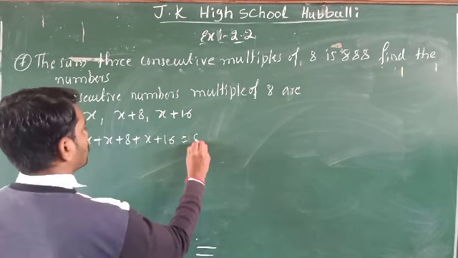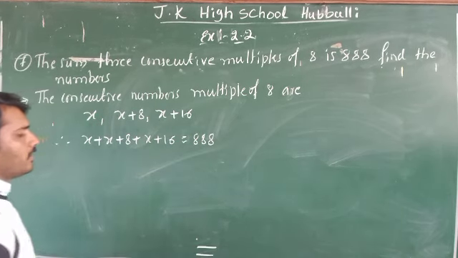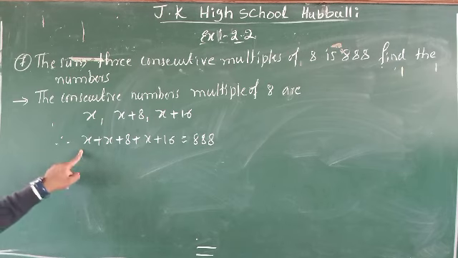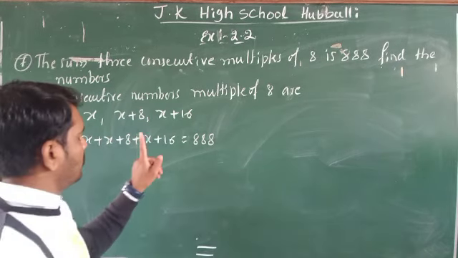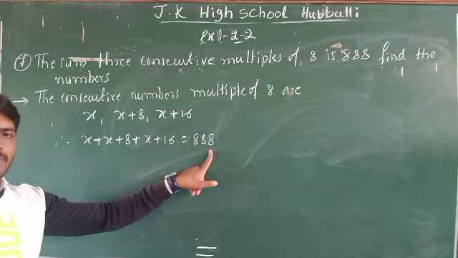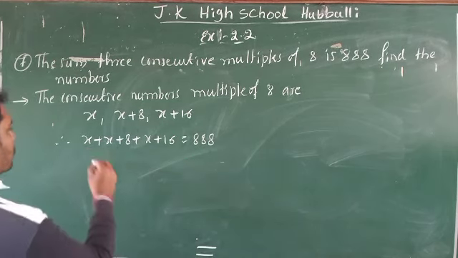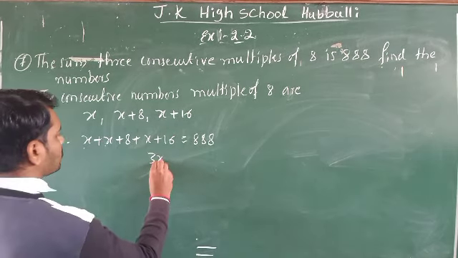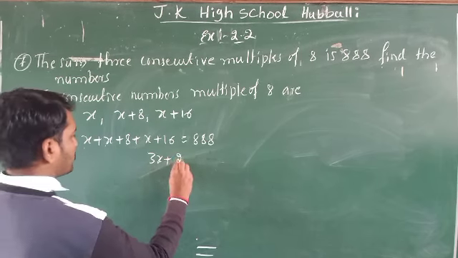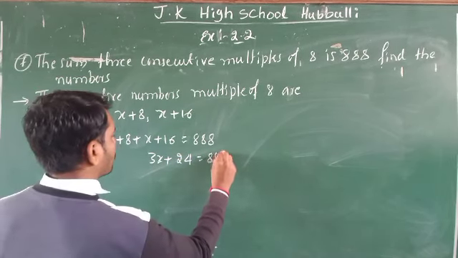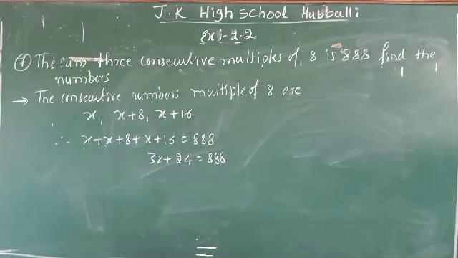So overall is equal to how much? 888. First number, second number, third number. Adding these all three, what will you get? x plus x plus x, 3x. 16 plus 8, 24 is equal to 888.